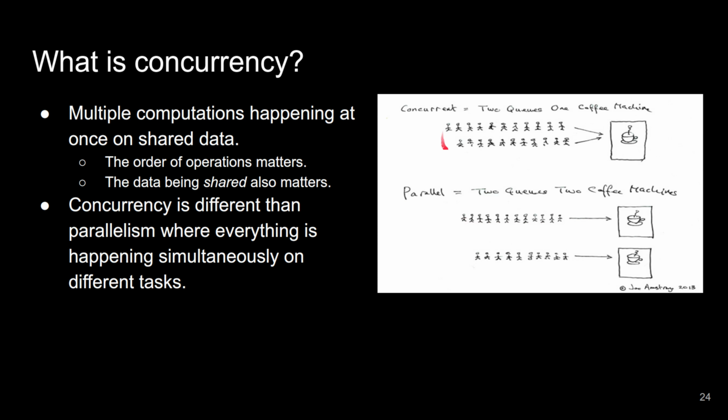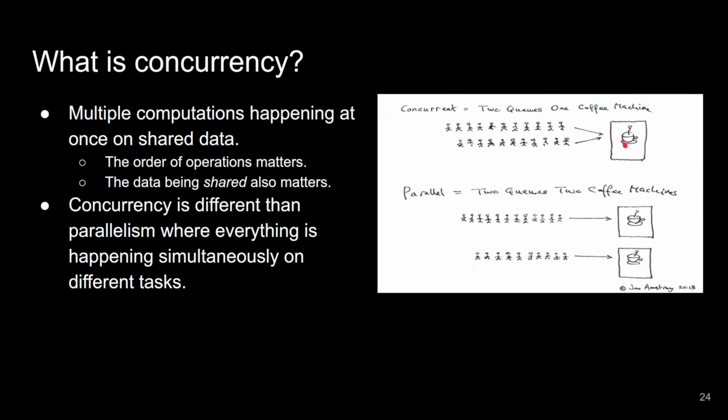So the distinguishment is sort of two queues of people here lining up to get coffee. So two pairs of people are able to line up here. So that's what's going on concurrently, but only one person can access this shared resource here, the coffee machine. Versus if you want to do things truly in parallel, you would have two coffee machines and have two people able to access it at once. Okay, so there's a difference. We're going to be focusing on concurrency today.